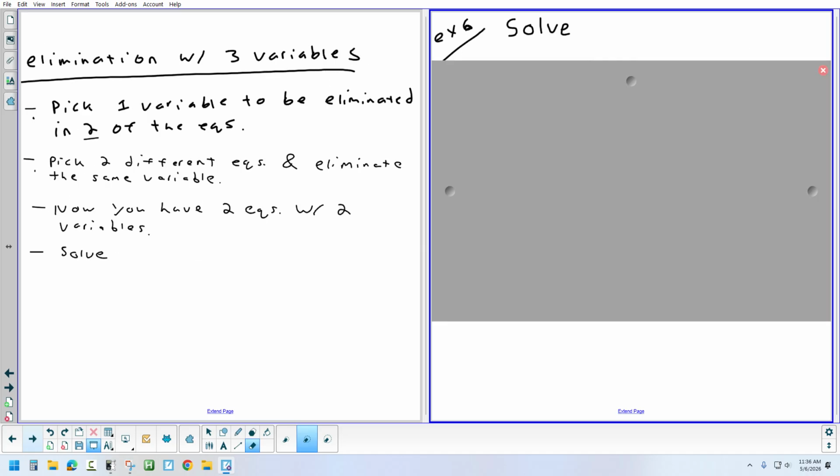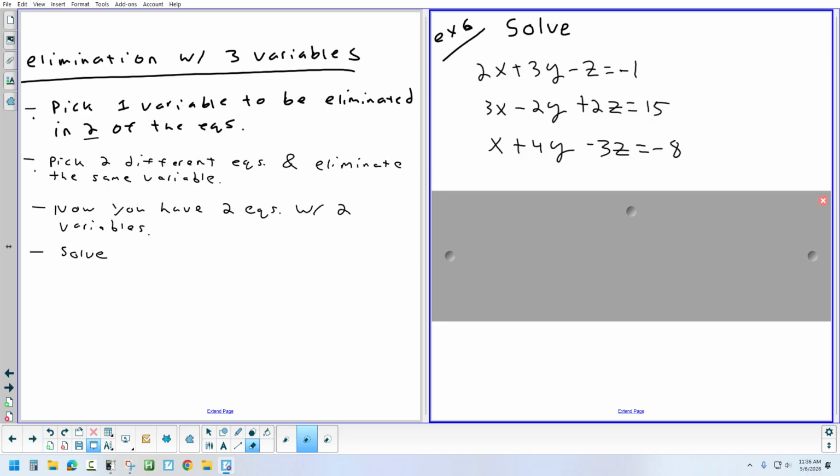Okay, so let's look at our problem. There's a good amount of copying when we do this, so you really want to be careful that when you copy something, you copy it correctly. So we've got 2x plus 3y minus z equals 1. I'm going to call that equation 1.